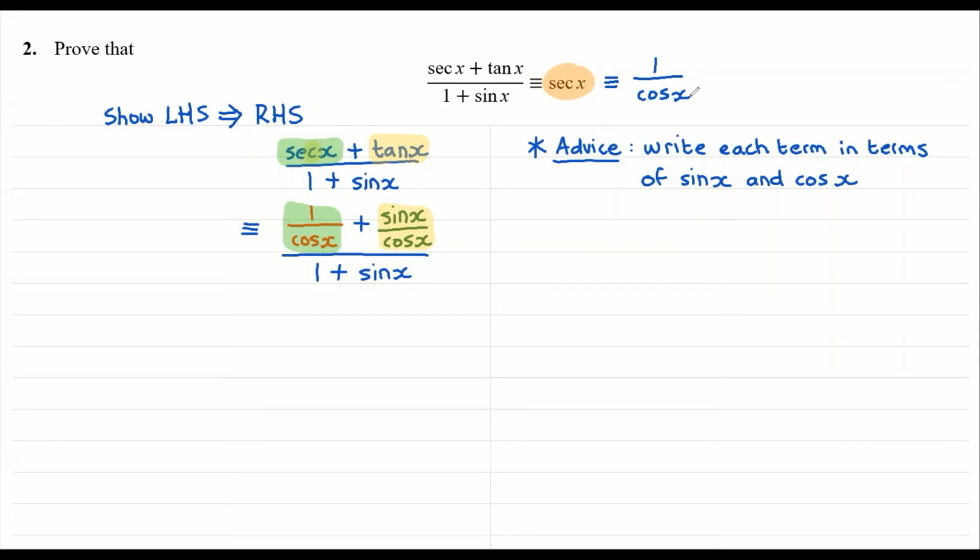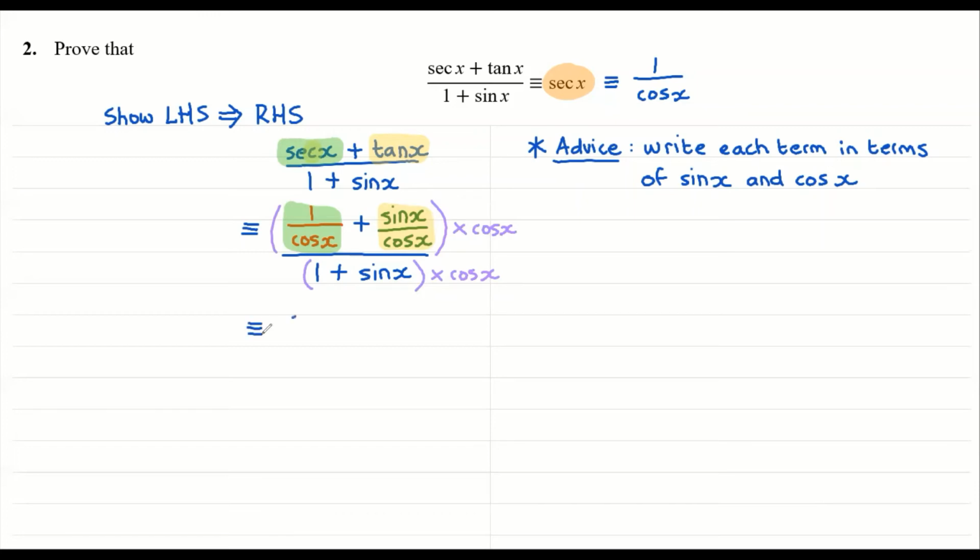Now, I don't like the cosines in those denominators, so I think a good thing to do here would be to multiply the entire thing by cos x, okay? And I'm permitted to do that as long as I do the same thing to the denominator. All right, so let's do the next step. We're going to multiply everything by cos x.